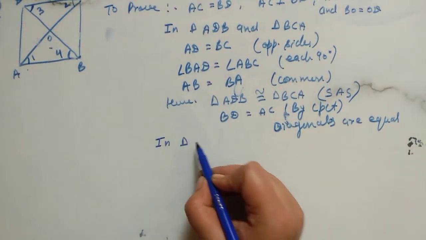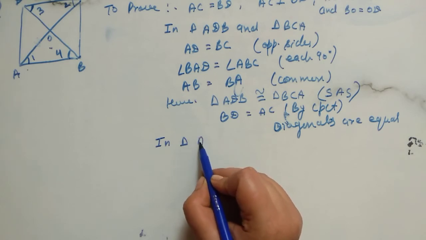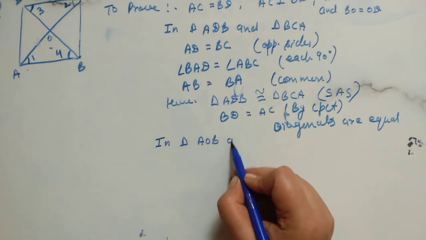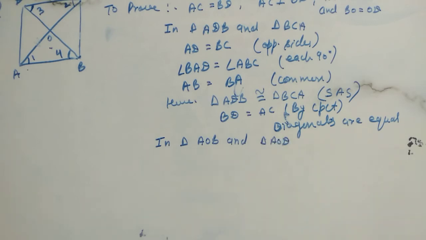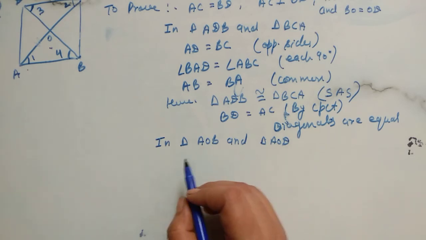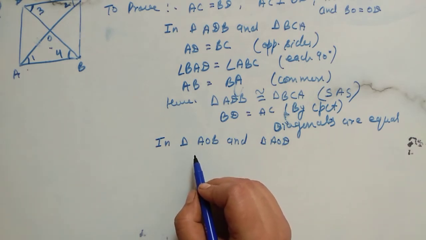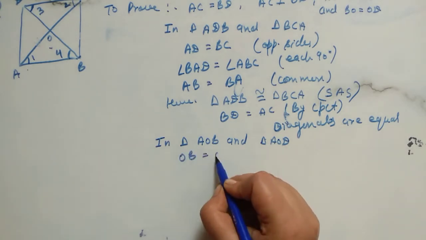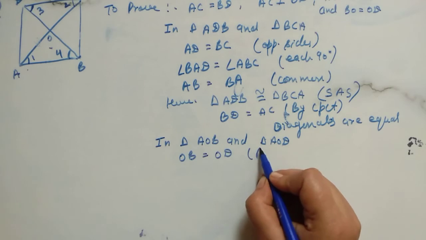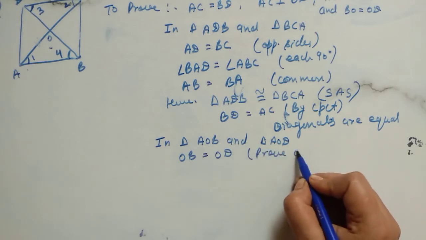In triangle AOB and triangle AOD, this question is quite lengthy, but it is not tough, it is the easiest one. Just see the points we need to prove step by step. In AOB and AOD, OB is equal to OD, which we have proved above.